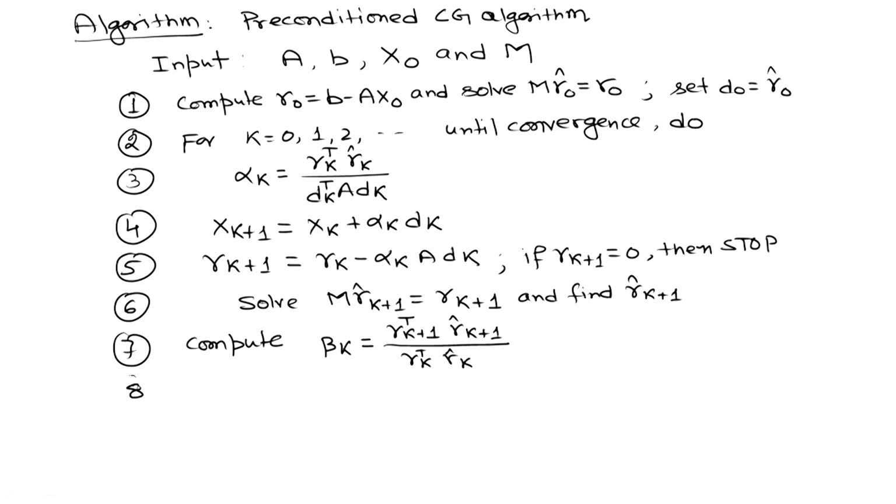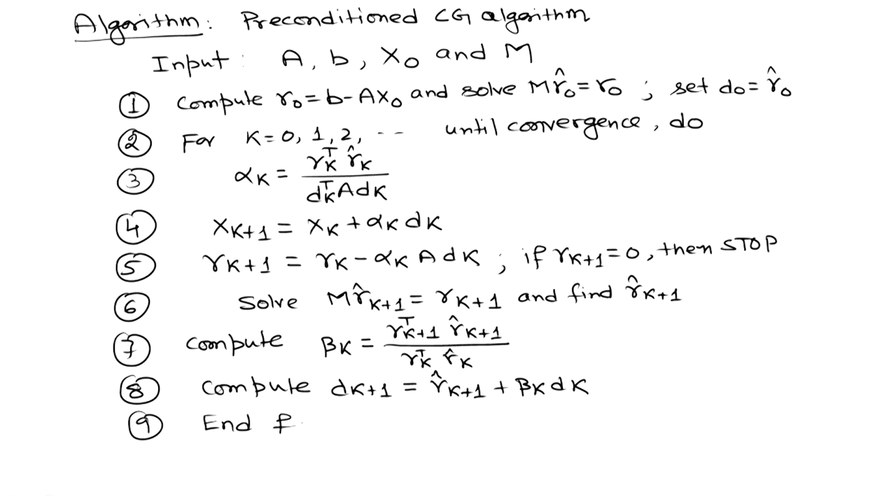Once you have your beta k, then compute d k plus 1 equals r k plus 1 cap plus beta k d k. In that way the algorithm will run till convergence, and this is the end of the for loop which you have in the second line. So, this is the preconditioned conjugate gradient algorithm.